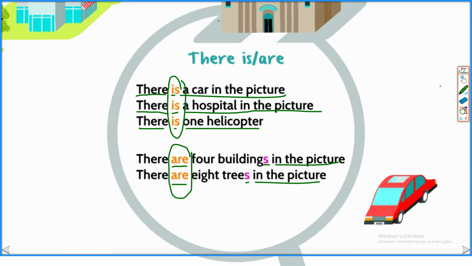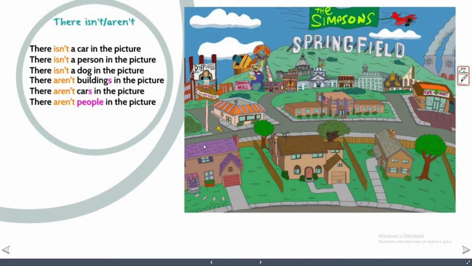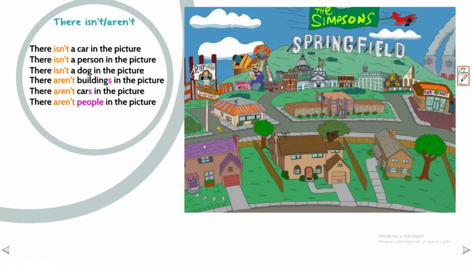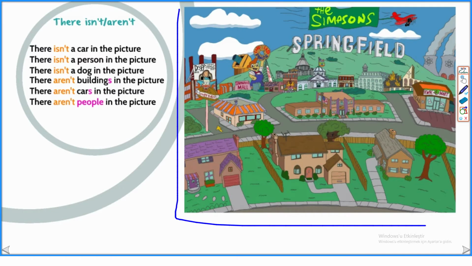Okay, we are going on with the next example. Please look at the picture. In this picture we have houses, trees, a person.